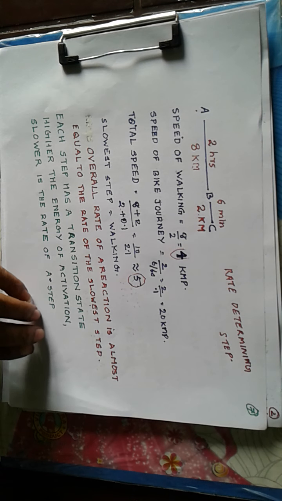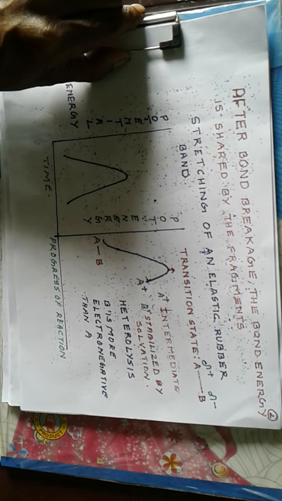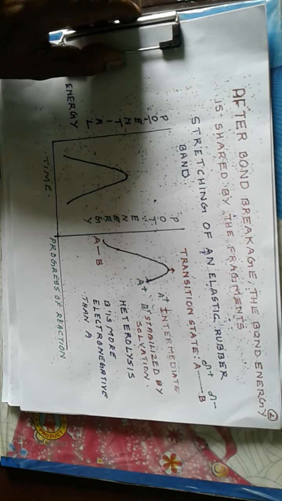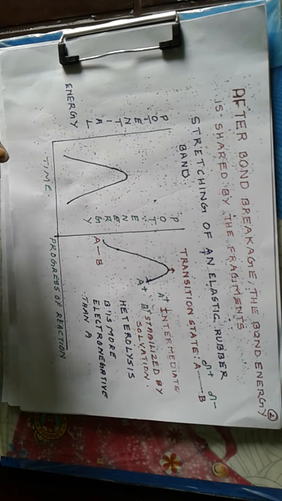And again we understand that the slowest step during a chemical reaction is the rate determining step, and the overall rate will be almost equal to the rate of the slowest step, and rate here means speed of the reaction. Now benzyl chloride reacts by SN1 mechanism.